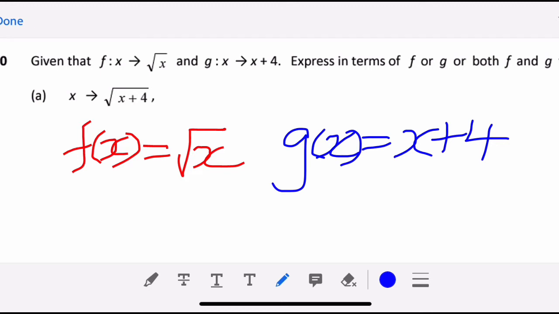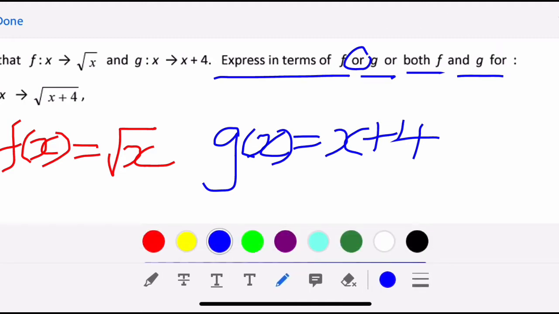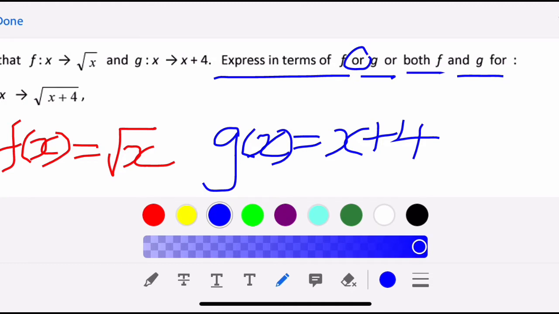Now the question says express in terms of f, g, there's an 'and' or 'or', or it can be both f and g. Meaning the question is asking you to find the composite function.